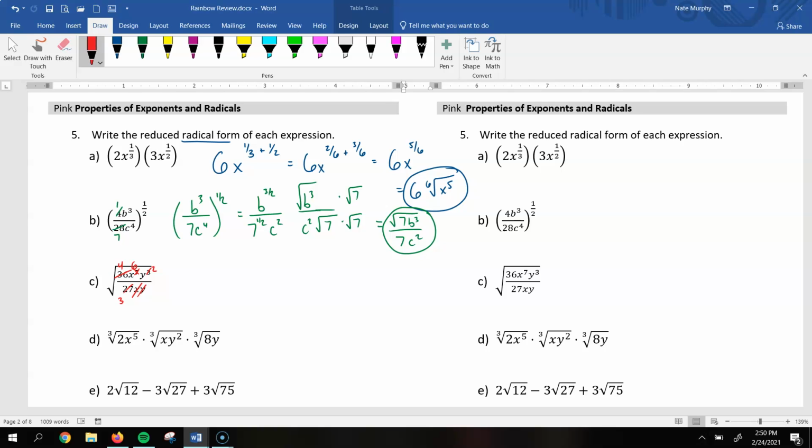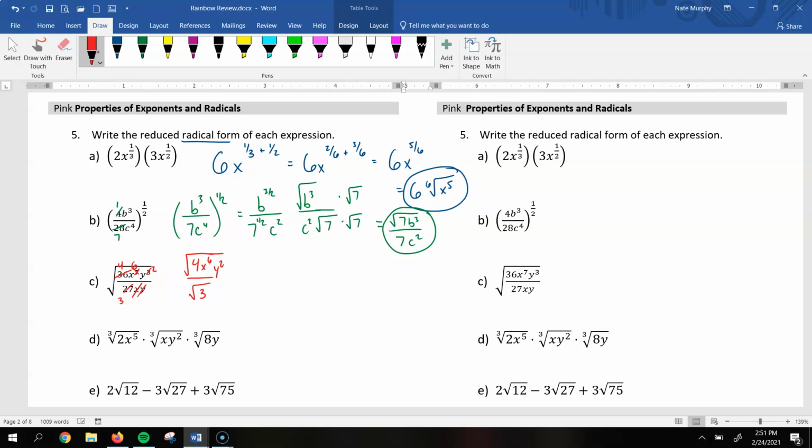So let me rewrite this now with our reduced form. Let's just do this and kill 2 birds with 1 stone. I'm going to write this as a square root in the numerator of 4x to the 6th y squared, and in the denominator, the square root of just 3.